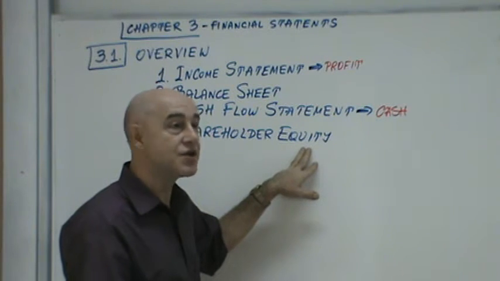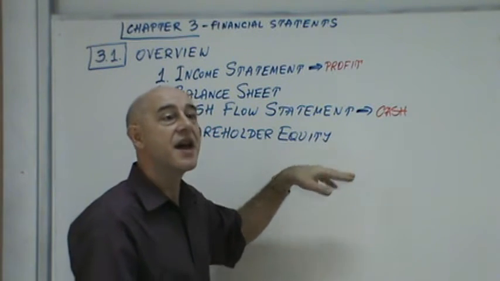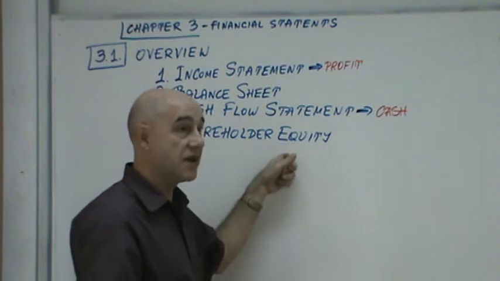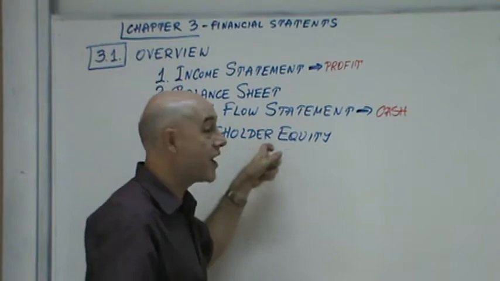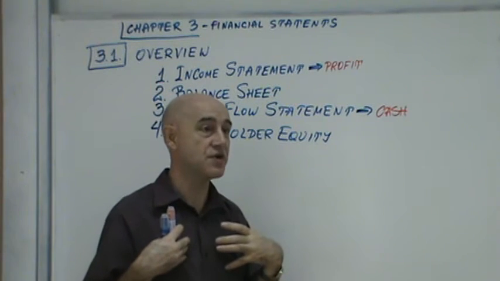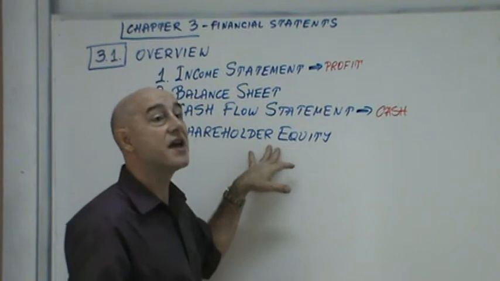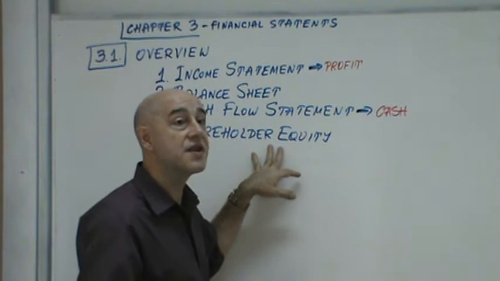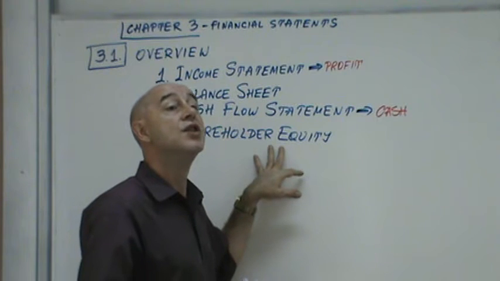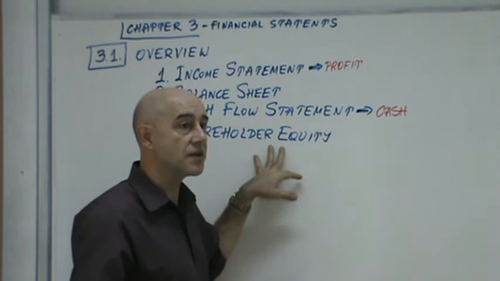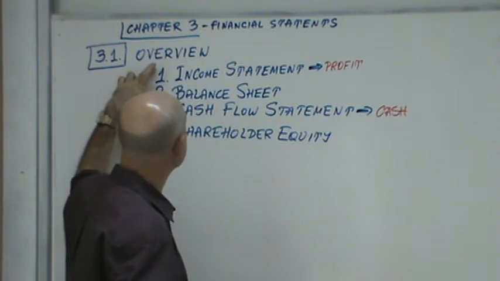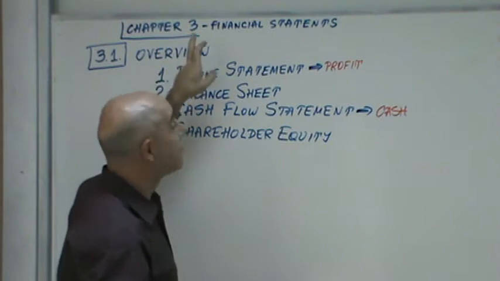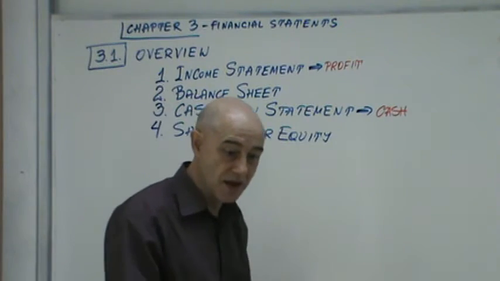So equity is usually old equity, and you add your profits, you subtract your dividends. So it tells you what happened to the owners. If you're an owner, this is a relatively important one. For financial statement analysis, this is not very important. And therefore, the focus is on the first three. These three are more important from financial statement analysis point of view.